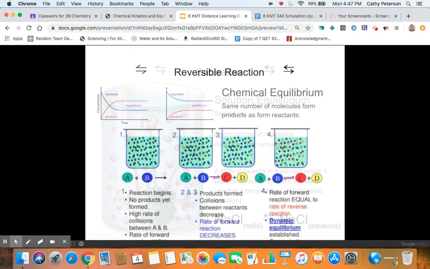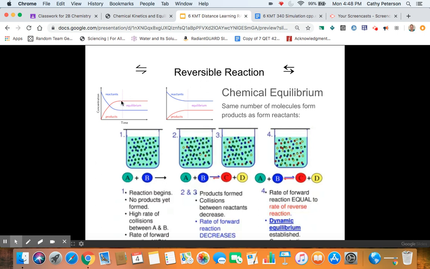We're going to be talking about chemical equilibrium, which has to do with reversible reactions. And this is a dynamic situation. The number of reactants that are changing into products are the same as the number of products that are changing into reactants.